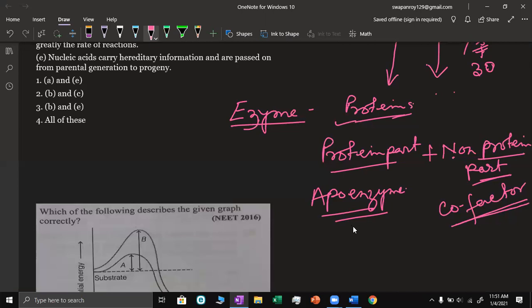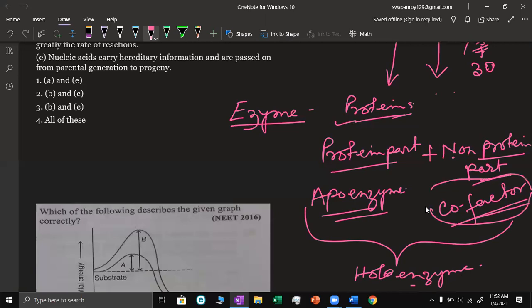Together, this is the holoenzyme. This cofactor is very crucial, because if you take out the cofactor, the apoenzyme portion will not work.